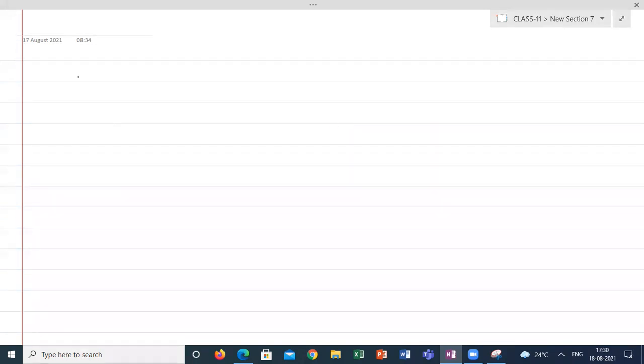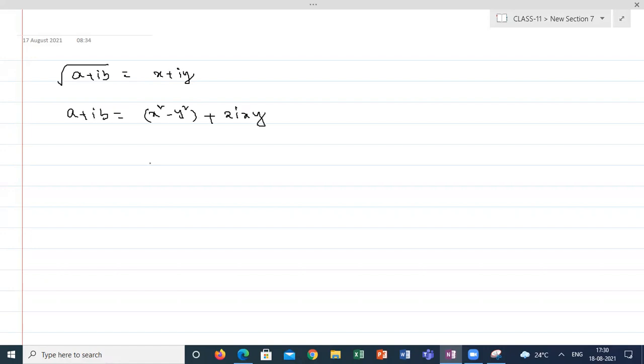If I am taking a plus ib under the root, it will give some x plus iy. If I am taking the square on both sides, I will get x square minus y square, correct? Plus 2ixy. Am I right? When two complex numbers are equal, the real and imaginary parts are equal.